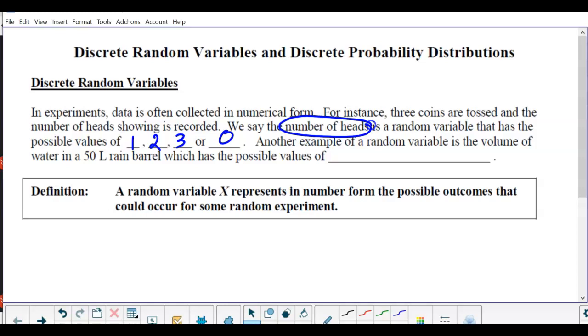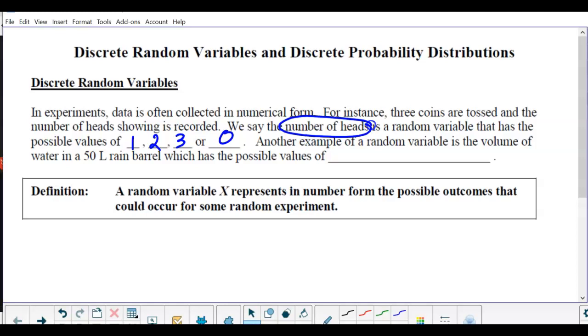Another example of a random variable is the volume of water in a 50-liter rain barrel. You don't really know how much it's going to rain, so it could fill up in a day and be 20.23 whatever milliliters, or 42.1873 if you were accurate enough to measure it that way.